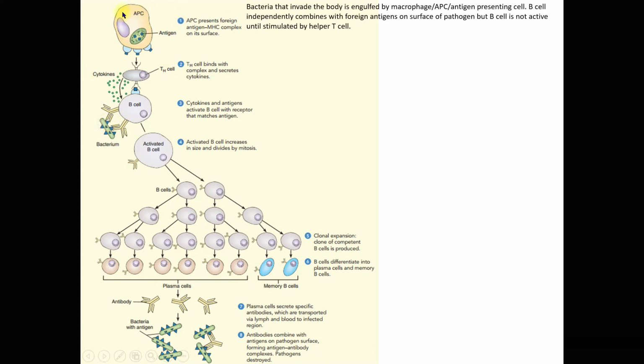So APC ini dia engulf bacteria A, dan di kawasan yang sama juga atau mungkin kawasan berlainan. Okay, B cell ni pula dia bind dengan antigen di permukaan bacteria A itu. Right, bacteria A ni bila masuk badan kamu ada banyak bacteria A. Okay, ada berjuta-juta.